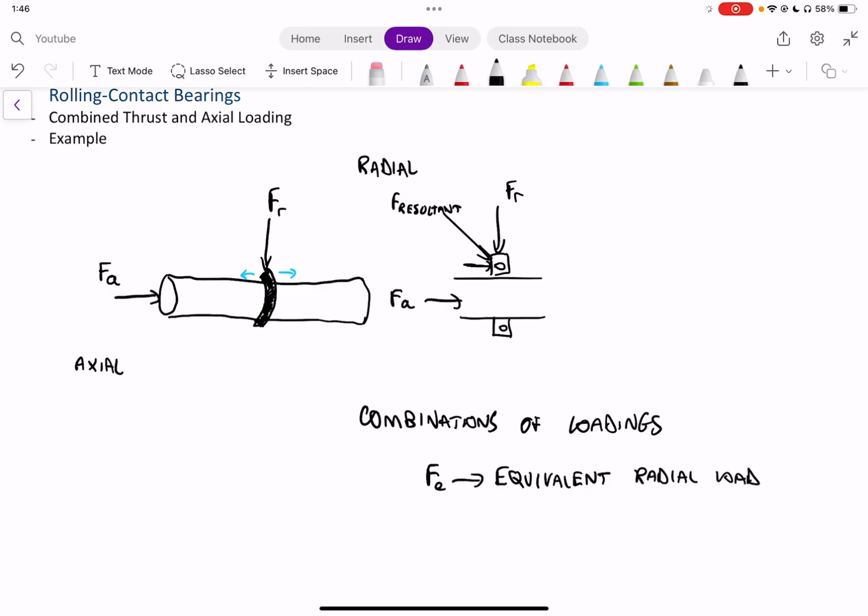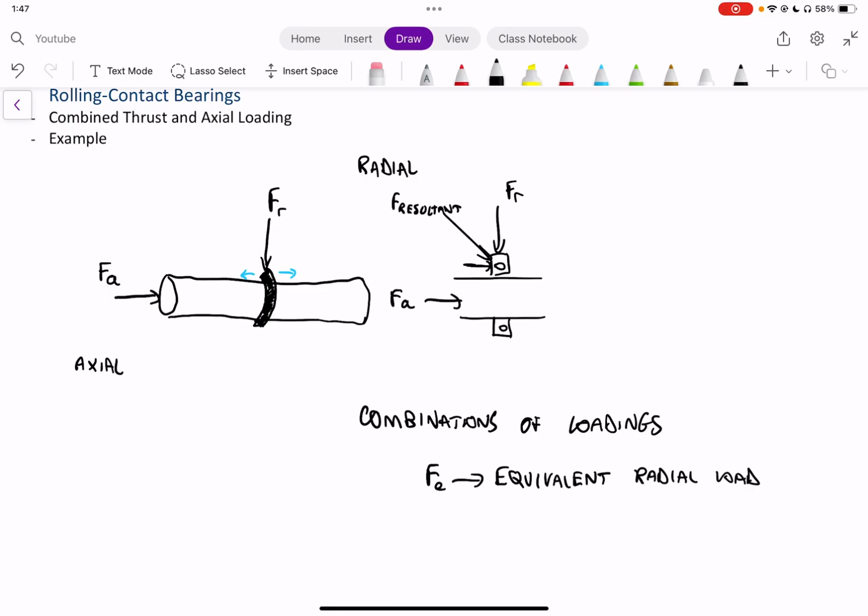So F sub E that we're going to be using is going to be an equivalent radial load. That means it's going to be whatever radial load we would put through the bearing if we had an axial load together. So it's usually going to be higher than our original radial load, but it's not going to be in the direction of the resultant load.